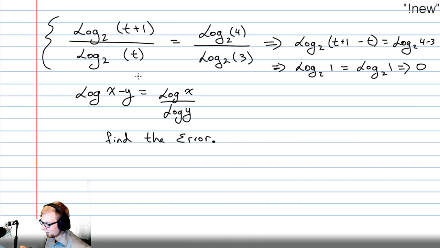We're trying to solve for t, which, unfortunately, this solution doesn't give us an answer for t.